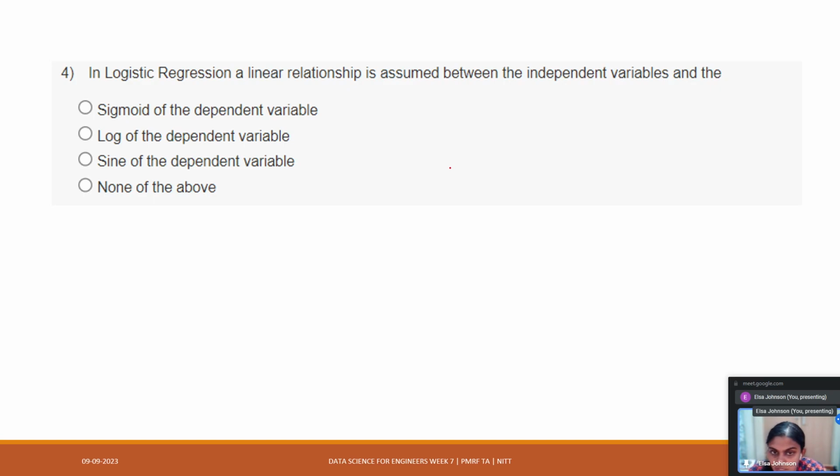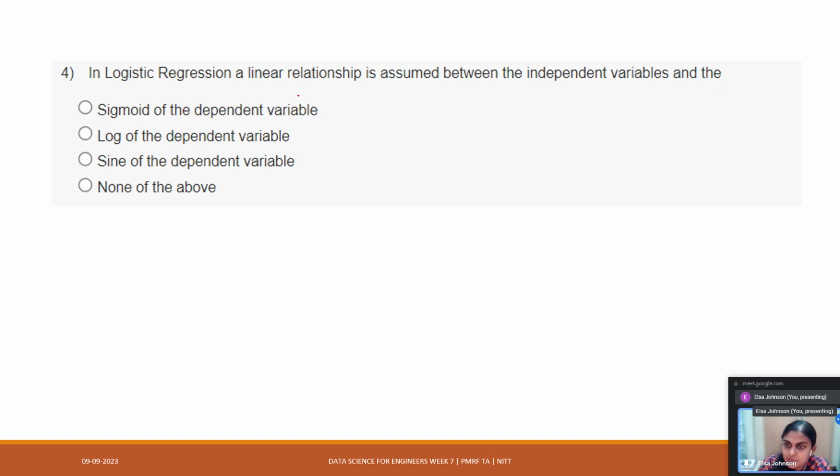Actually you will be taking the sigmoid of the, okay, Naga, just see the choices once more. Are you taking the sigmoid of the dependent variable? We are just taking that, but we are first assuming a linear relationship.